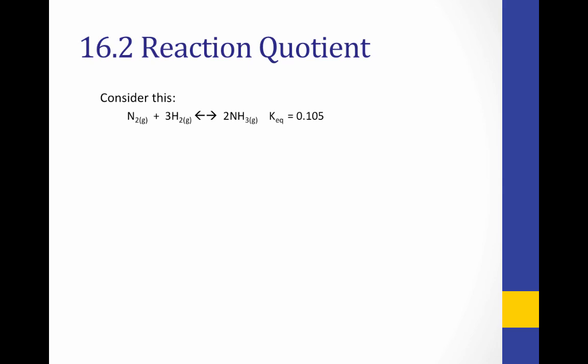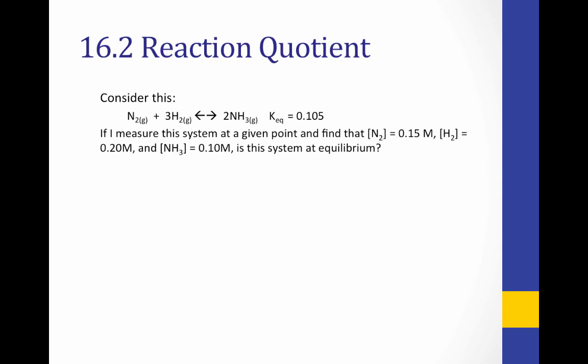Consider this reaction with an equilibrium constant of 0.105 at this particular temperature. If I have this system and I measure the concentrations of reactants and products and find them to be as listed, I can ask if this system is at equilibrium, and if not, will it proceed in the forward direction or the reverse direction in order to achieve equilibrium?